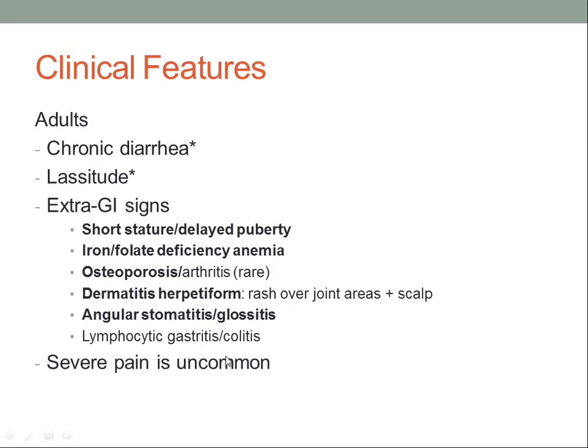There are many other types of extra GI signs that may be associated with celiac disease, but just keep in mind these main ones here. Also note that severe pain is not common at all in celiac disease. It is more common in refractory celiac disease as well as in enteropathy-associated T-cell lymphomas, which we will talk about a bit later.